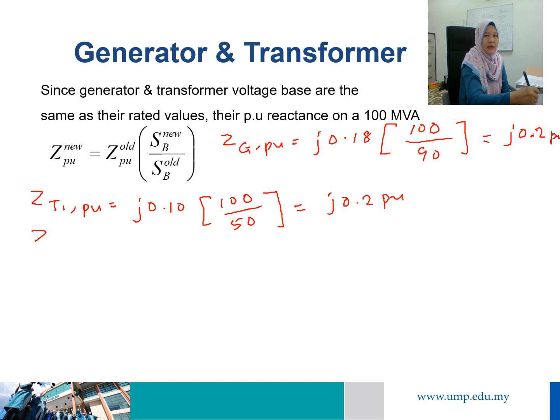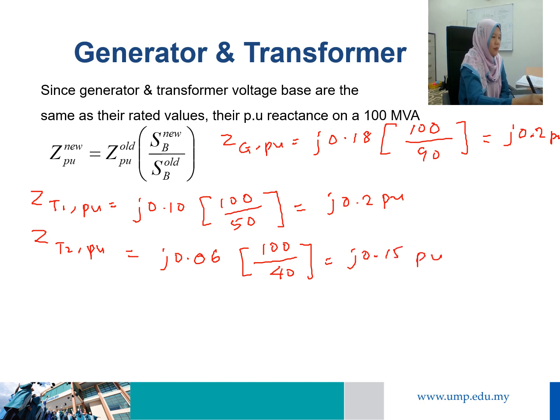And then for transformer T2, the new per unit impedance is equal to j0.06 PU multiplied with 100 MVA divided by 40 MVA, which is equal to j0.15 PU.